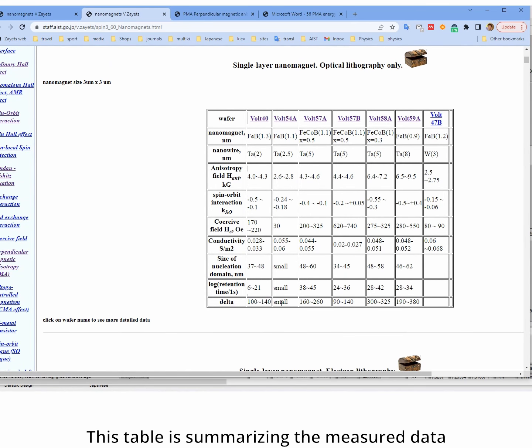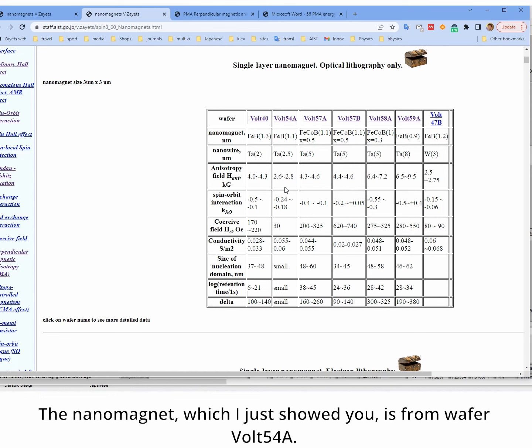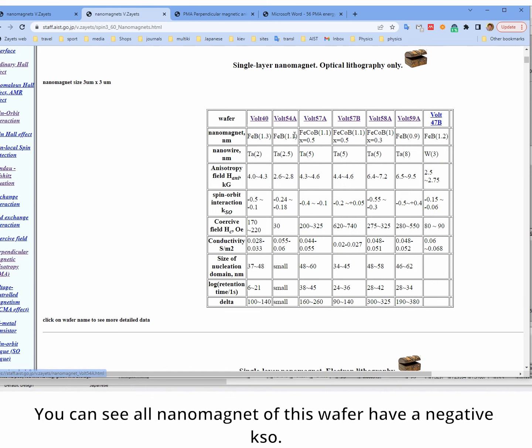This table summarizes the measured data of all measured nanomagnets for each wafer. The nanomagnet which I just showed you is from wafer Ha.05a. As you can see, all nanomagnets of this wafer have a negative coefficient of spin-orbit interaction.